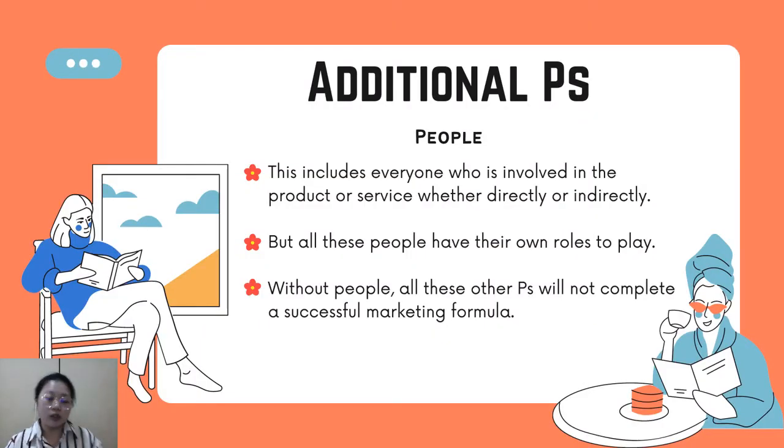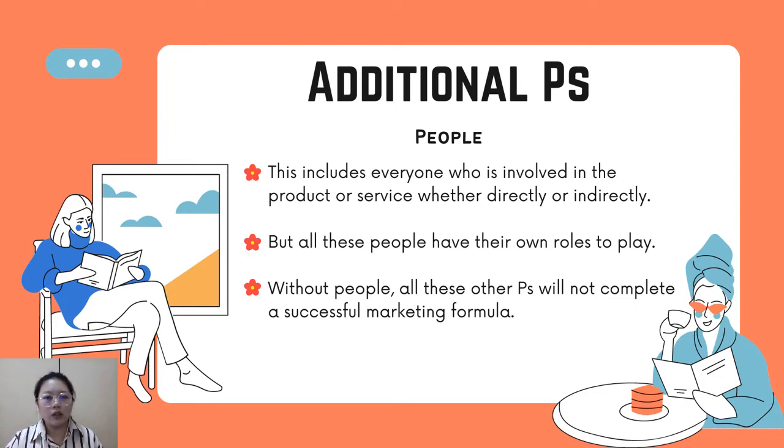After the traditional marketing needs in heritage marketing, now I will explain the additional pieces in the heritage marketing mix. So the first one is people. One of the essential elements of the marketing mix is people. This includes everyone who is involved in the product or service, whether directly or indirectly.